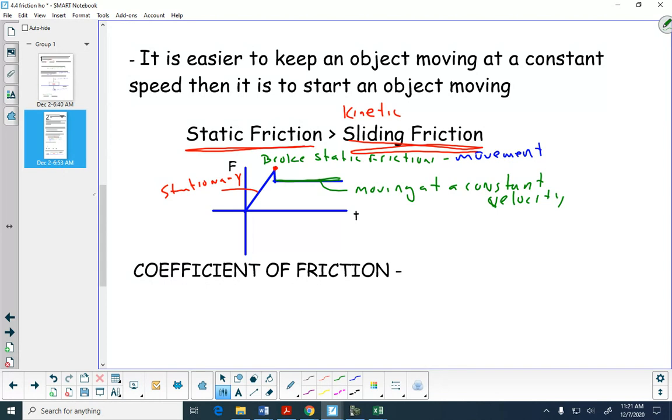So we're stationary. At this point, we break static friction, and we start moving at a constant velocity, and then we have just kinetic or sliding friction. We have to have enough force to counterbalance static friction.